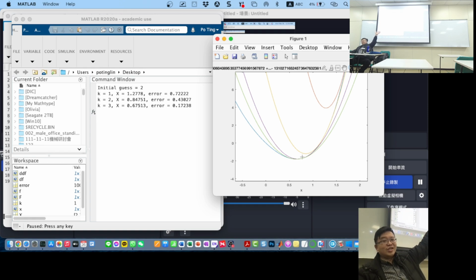The blue one is the true minimum. After one iteration, my solution point moved from here to somewhere right here, closer to the solution. My second order Taylor expansion is closer to the shape of the flat bottom, and it's moving closer and closer. Let's continue and see what's going on.